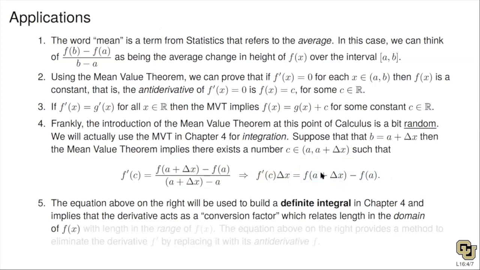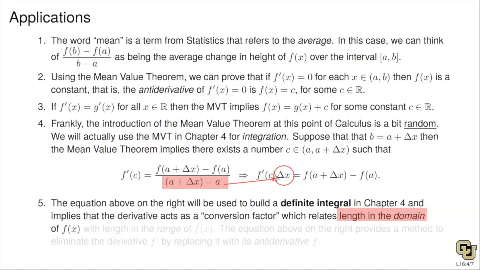So what you should notice is delta x is length in the domain. So delta x was actually a plus delta x minus a. When we found delta x, we were actually calculating a length on the x-axis.